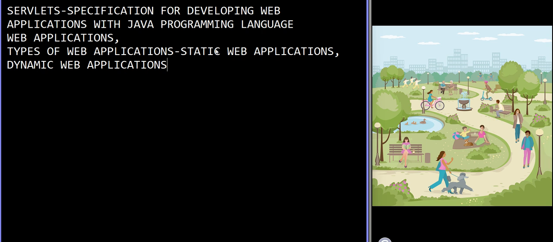For a static web application, you can take your Gmail login page as an example because it is common for everyone. As a dynamic web application, you can take your email inbox as an example. It is dynamic for everyone.